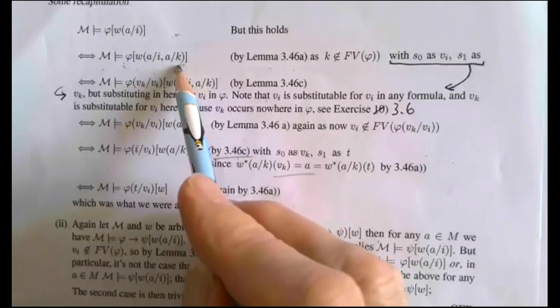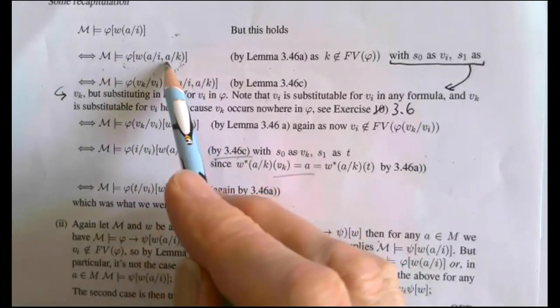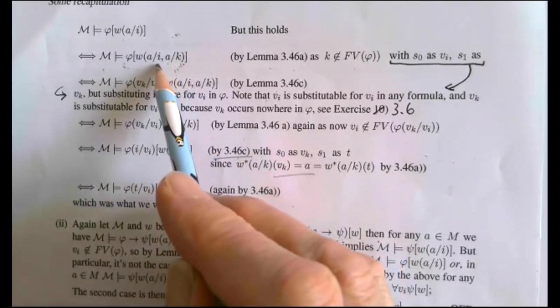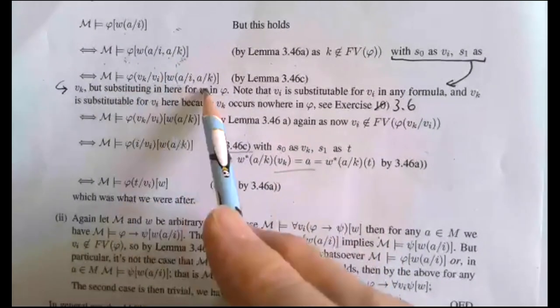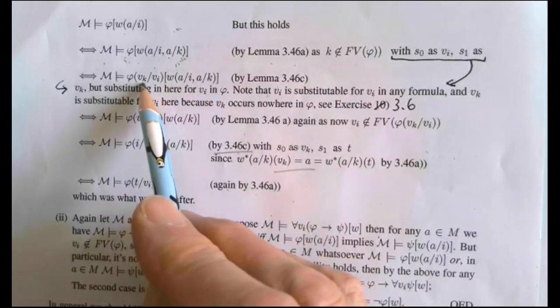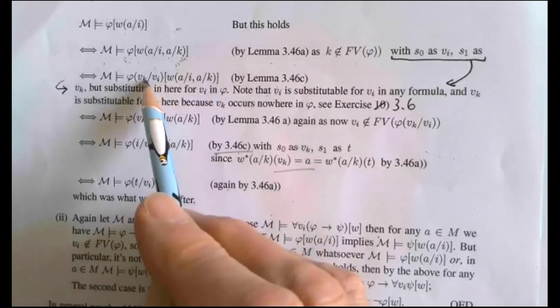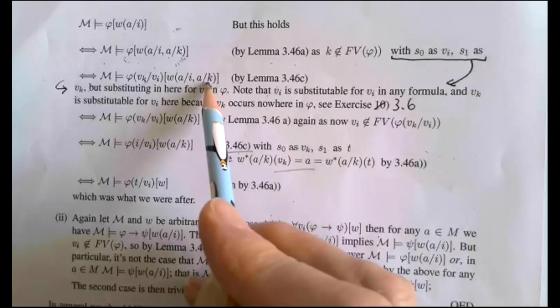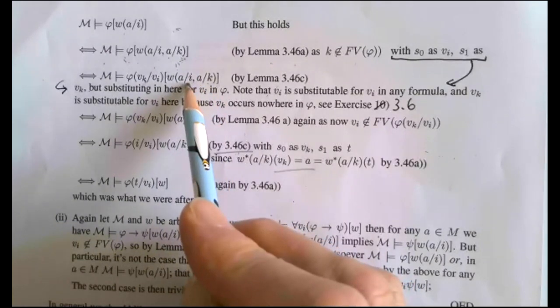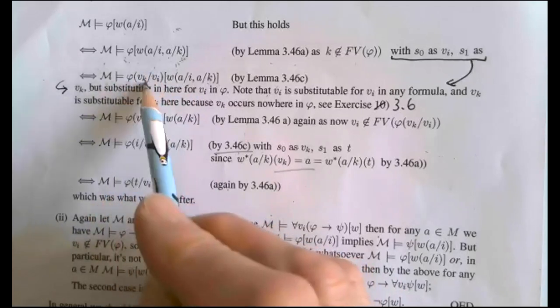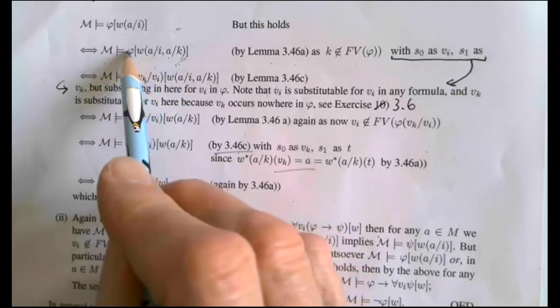Now, this assignment function assigns a to vk, and a to vi. So here I've tweaked the formula. I've replaced in the formula vi by vk. Right? But that doesn't matter under this assignment because it assigns to vk the same thing as it does to vi. So the truth or falsity of phi in M with this tweaked version is the same as this original version.